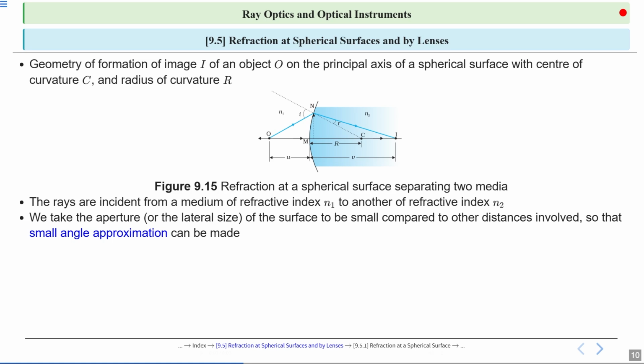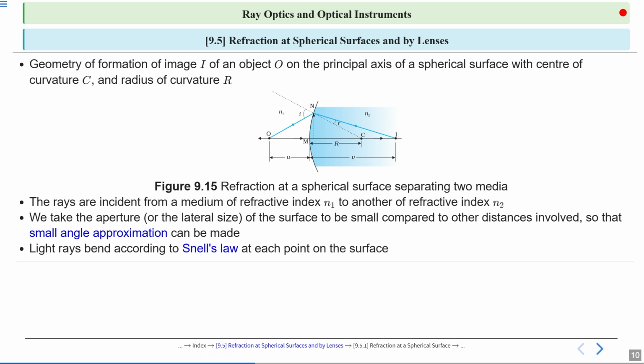We have taken the small aperture. So this refraction is happening within a very, very small region, so angles are taken small. So light rays bend according to Snell's law at each point. I have already discussed how light is bending at this point according to Snell's law.